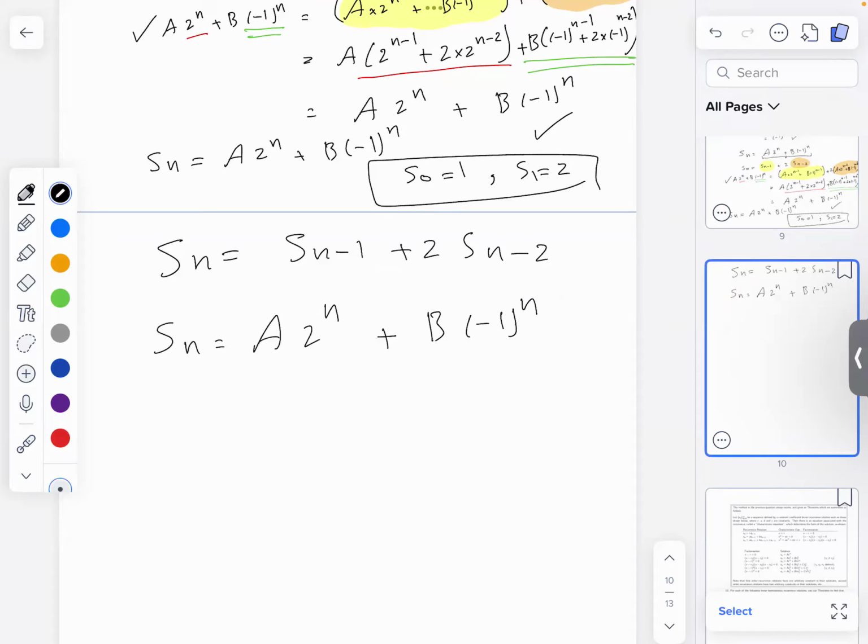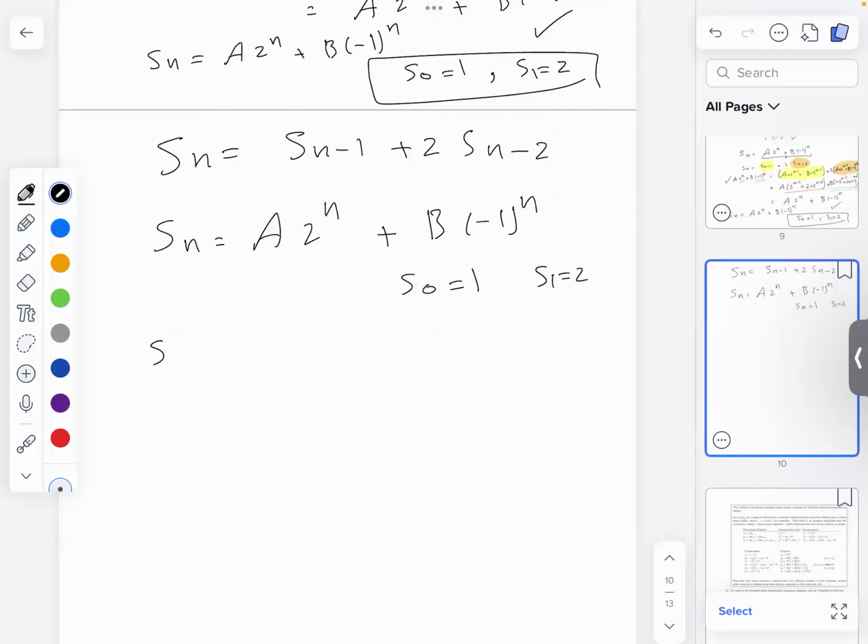It says to choose two initial conditions, S0 equal 1, S1 equal 2. What's the meaning of this one? S0 is A times 2 power 0 plus B times minus 1 power 0 equals A plus B, and S0 was 1 in our choice.